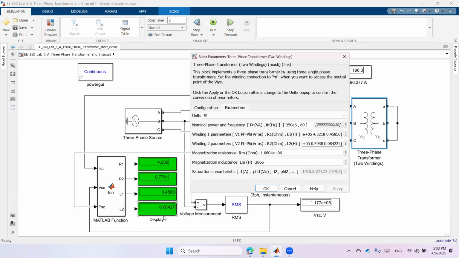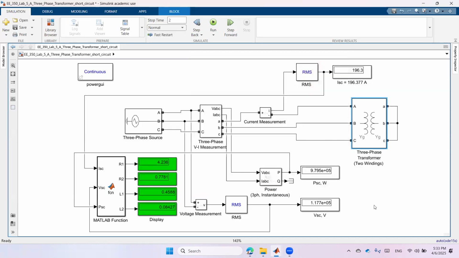And L2 here is 0.08427, while here it is 0.08425. So we see that the values given by the manufacturer match the values that we calculated through the short circuit test.